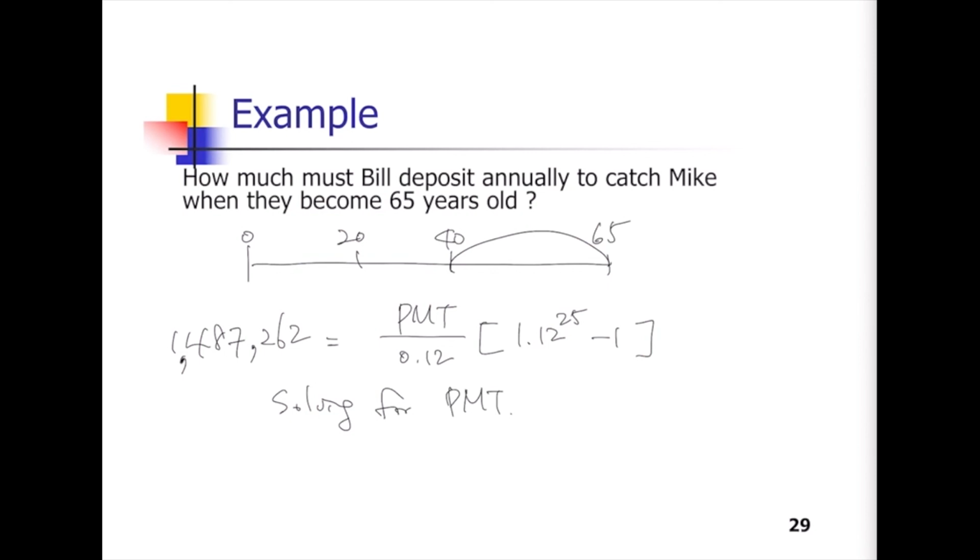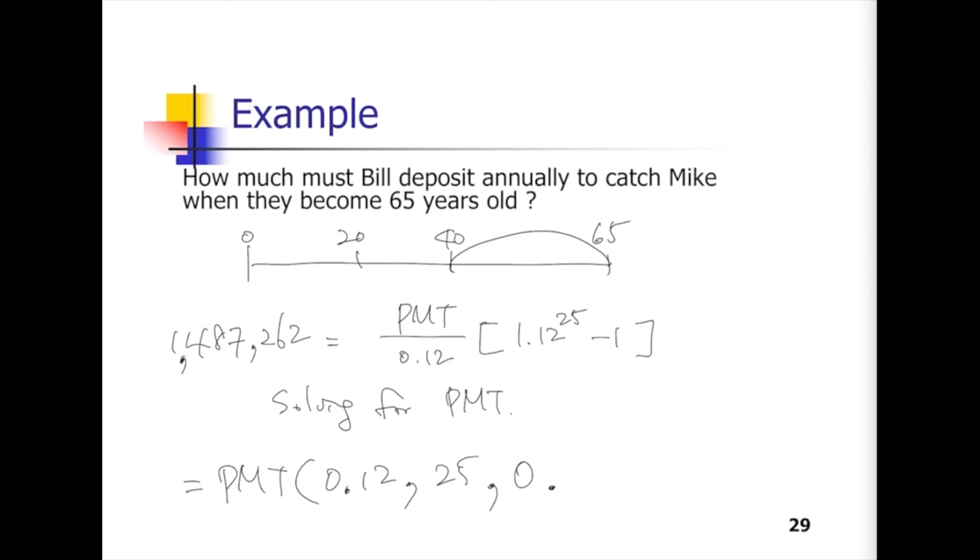And you can also use the Excel function PMT: the rate is 0.12, the number of periods is 25, and the PV is 0, right?